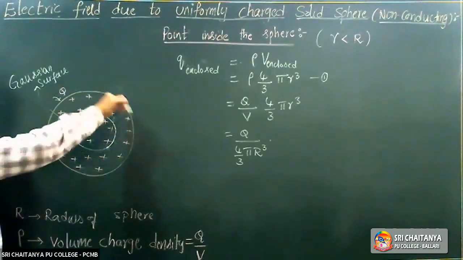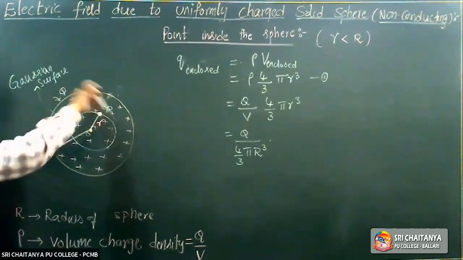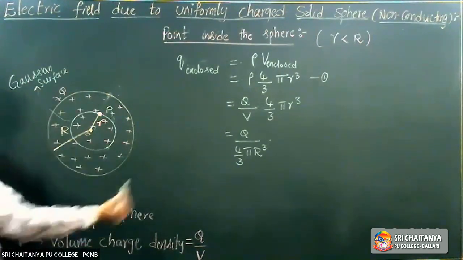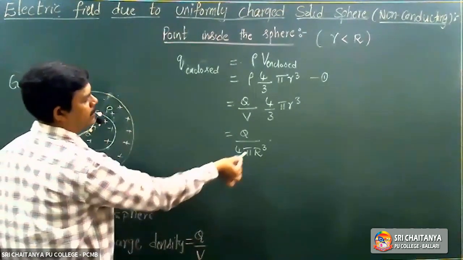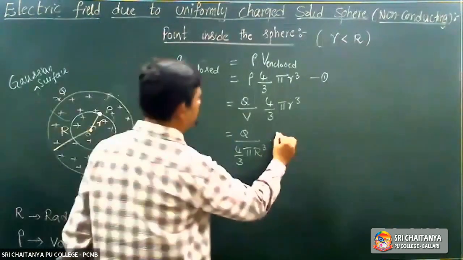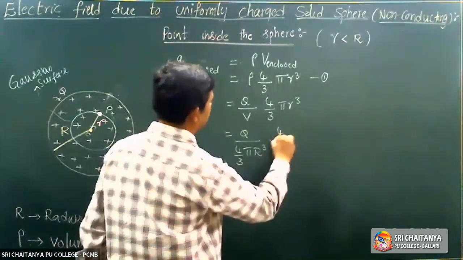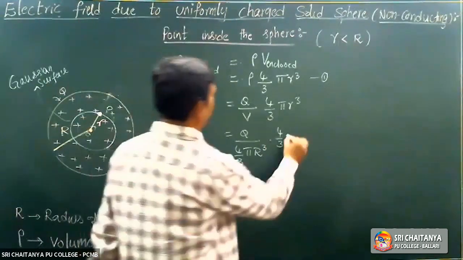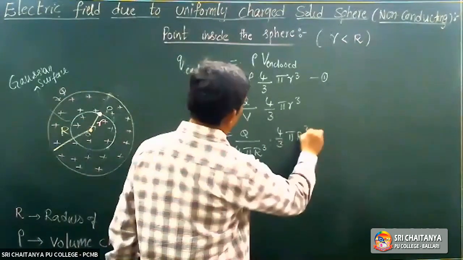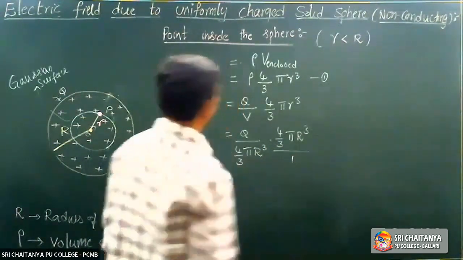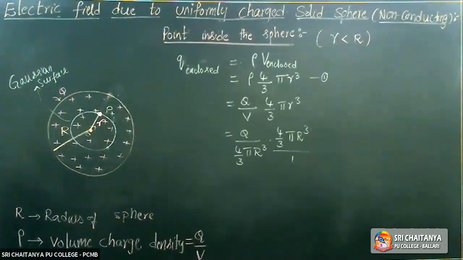Rho is total charge by total volume. This is the total volume of the sphere. Q is the charge given. So can I write Q by 4 by 3 pi R cube into 4 by 3 pi r cube? Right?